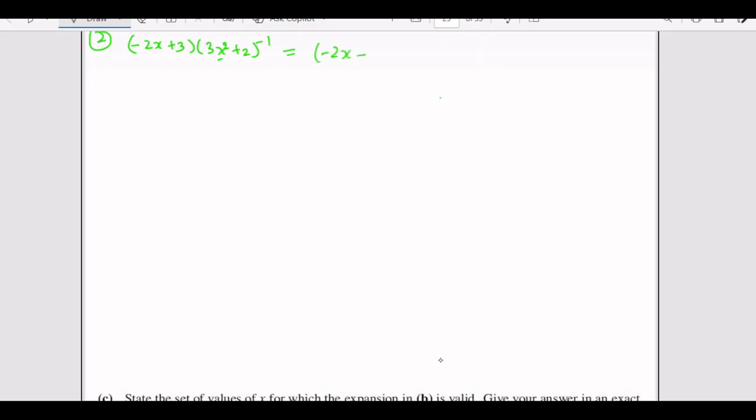That will make our formula work for it. So this is 2 plus 3x squared, power minus 1, right? Now we are going to write this one. So this is negative 2x plus 3, then I am taking 2 common, and this is 2 power minus 1, times 1 plus 3 over 2 x squared, power minus 1.